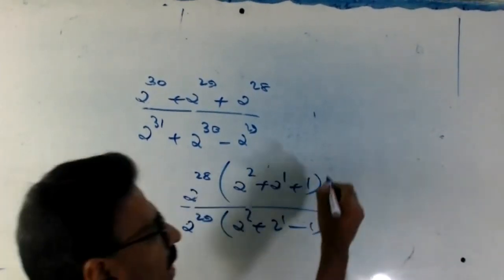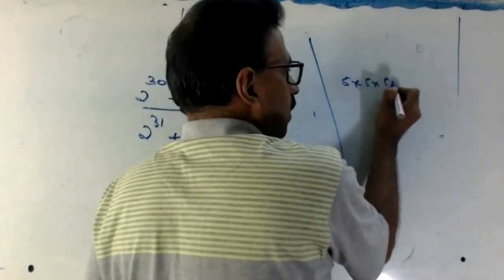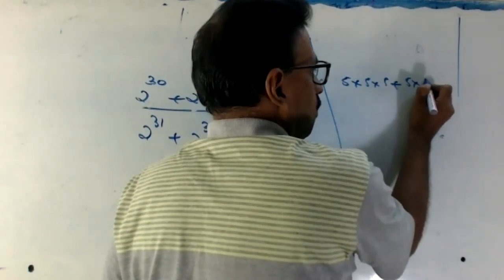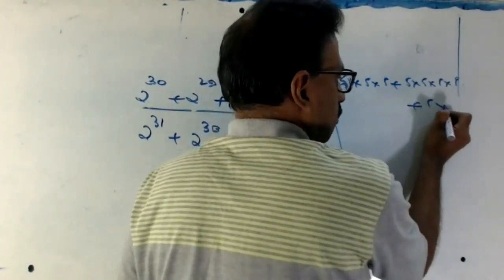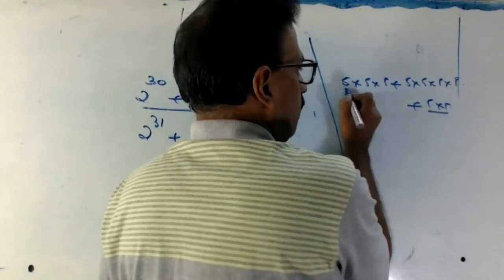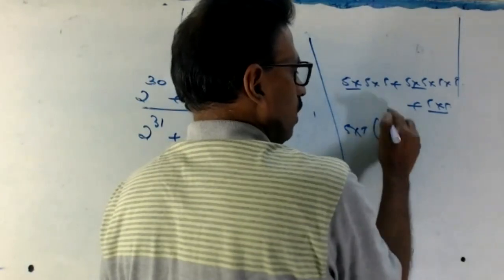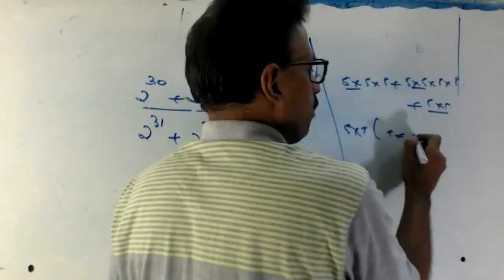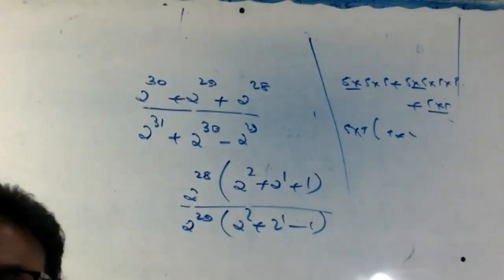Look here. Suppose 5 into 5 into 5 plus 5 into 5 into 5 into 5 plus 5 into 5. Here this is 5, this is 5, so 5 into 5 outside. Balance here one 5, here two 5s, here nothing. Are you clear now?